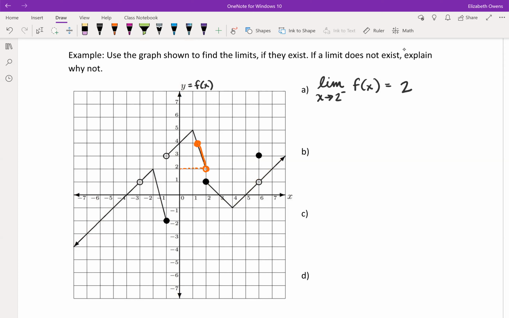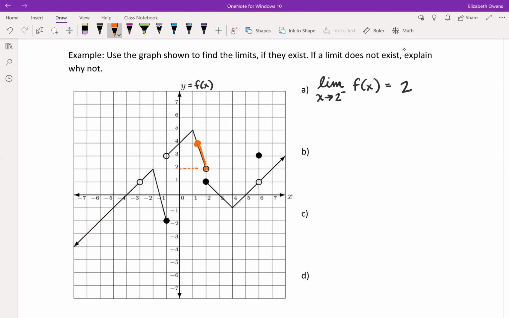We're just getting very, very close to it from the left. So it looks like we would come to this point here. There happens to be a hole right there, but we're still approaching that as a limit.